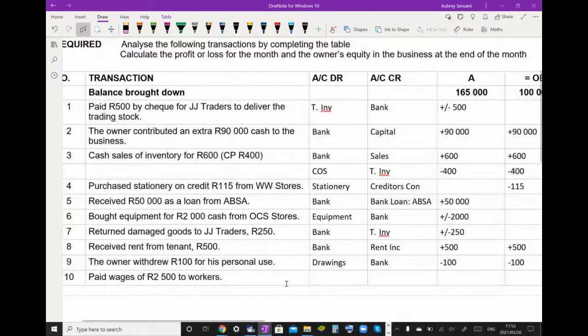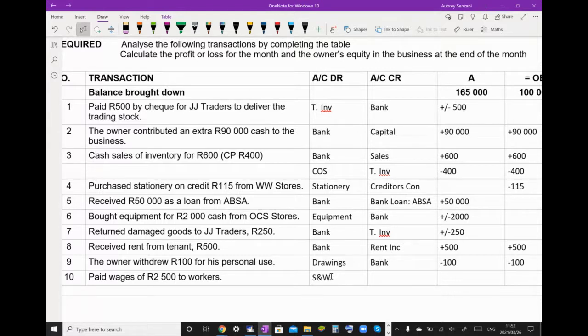Paid 2,500 to workers. Paid wages, yes. I heard bank. And wages, or salaries and wages, you still would have gotten your mark. So what are we debiting? What are we crediting? 100%.